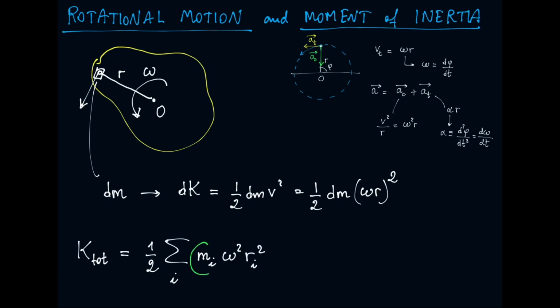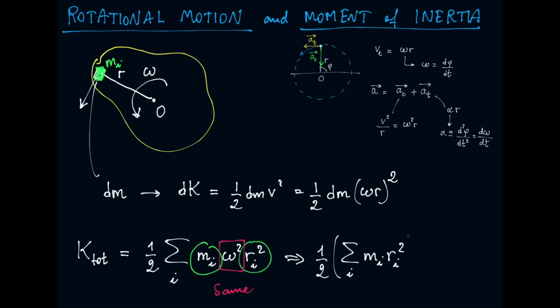Notice that both m and r depend on the specific element that I'm considering, whereas omega, the angular velocity, as I mentioned just now, is the same for everybody. So all in all, I can write this as 1/2 this weird summation of the masses times the distance from the center squared, and then multiplying everything by omega squared.